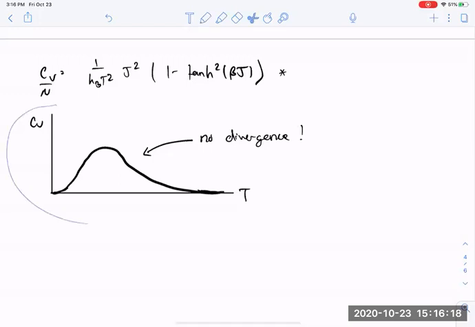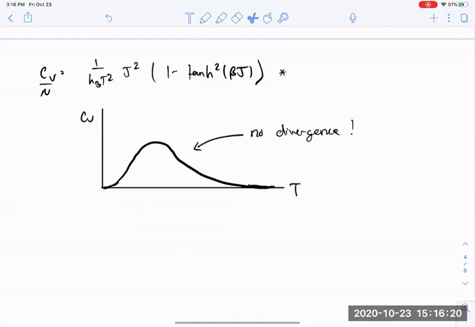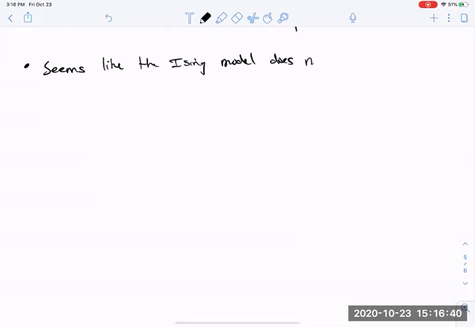So before we give up hope on our Ising model, let's do that. So to really show that the Ising model does not break symmetry, we need to do something more carefully.